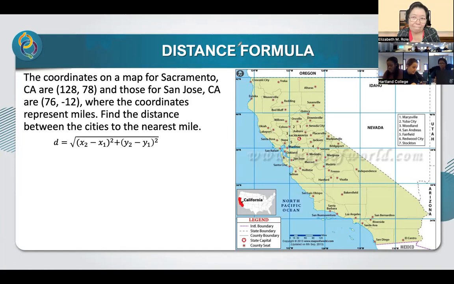Can we use a calculator? Yes. It's good to use the calculator and extract the root so that we would see the estimated number of miles. Maybe you can just round it off to the nearest whole number to look for how many miles would be the distance.